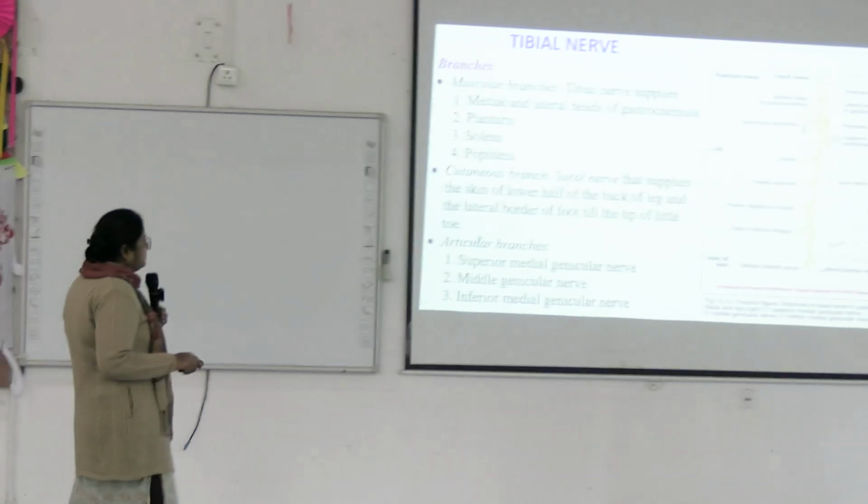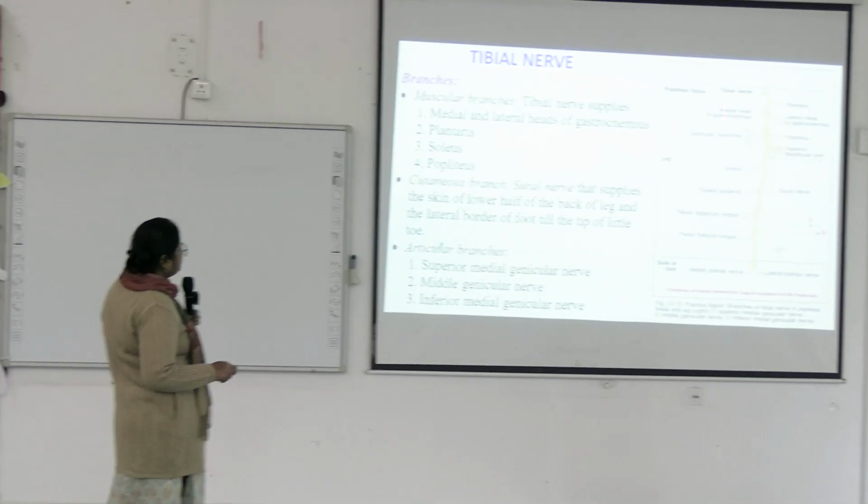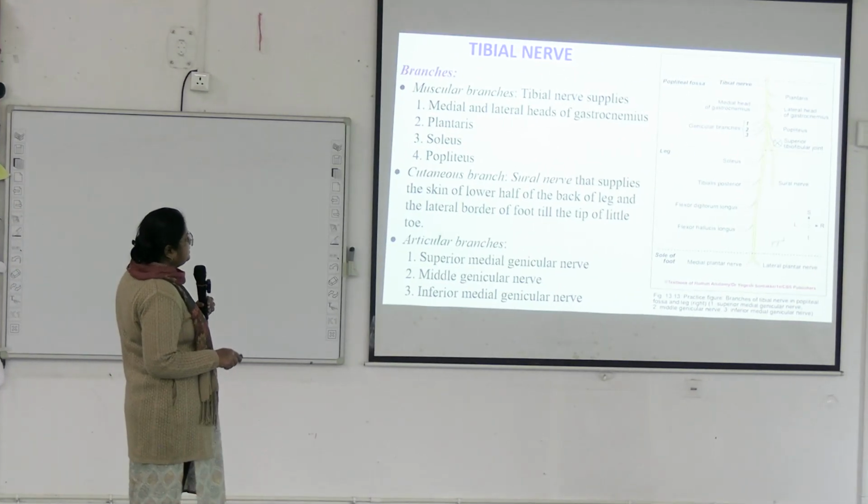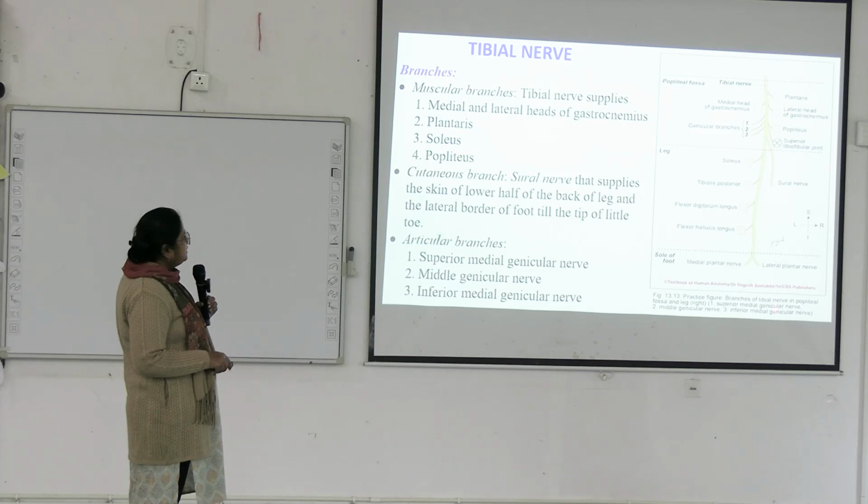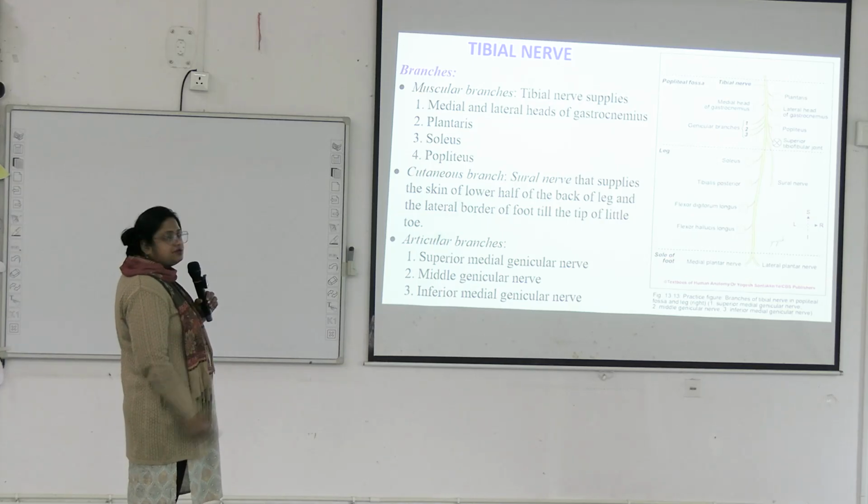What are the branches? This is a schematic presentation of the tibial nerve. These are the branches given in the popliteal fossa, and these branches are given in the leg. And here are the two terminal branches, medial and lateral plantar nerves, division occurring in the sole of the foot.